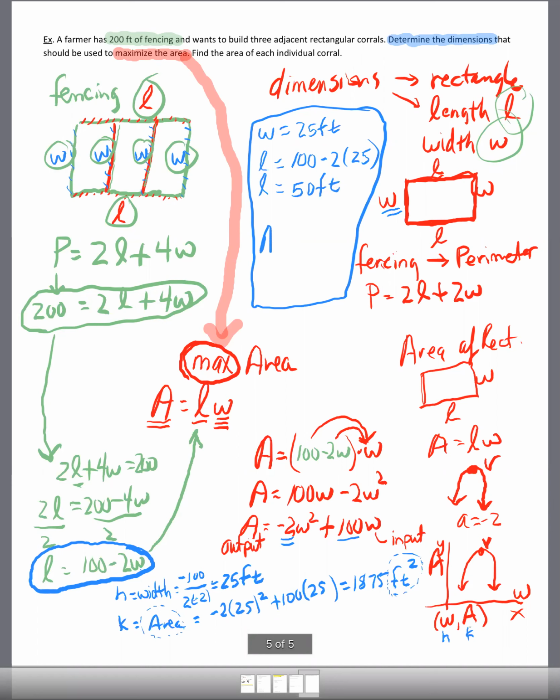The area I did get from the vertex, and the area that I got was 1875 feet squared.